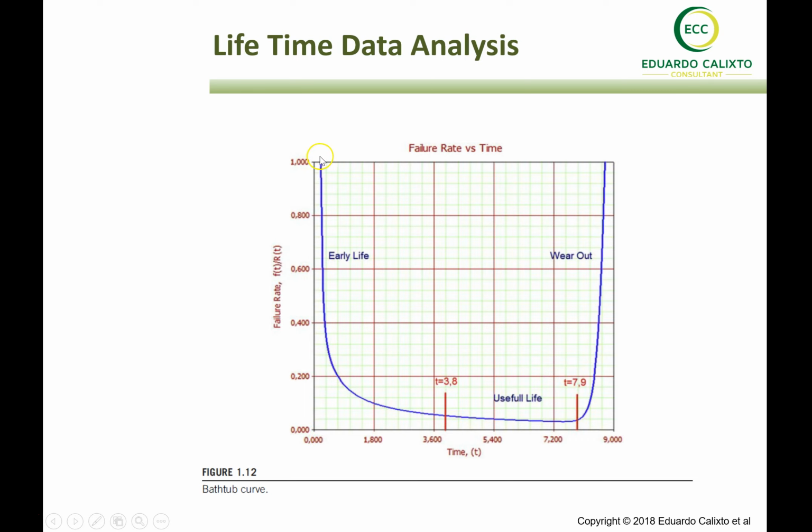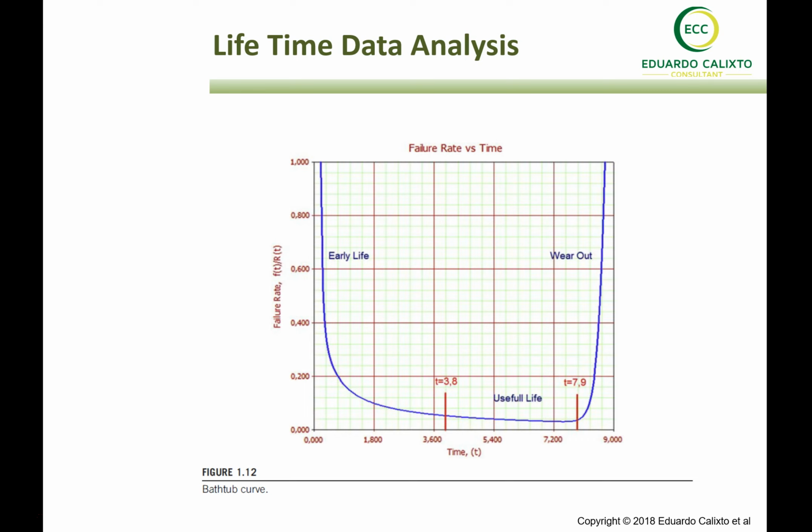So you have a decreasing failure rate because since such causes of failure are detected and eliminated, your failure rate starts to decrease and goes to useful life. So the useful life is when your failure rate is kept constant and very low.